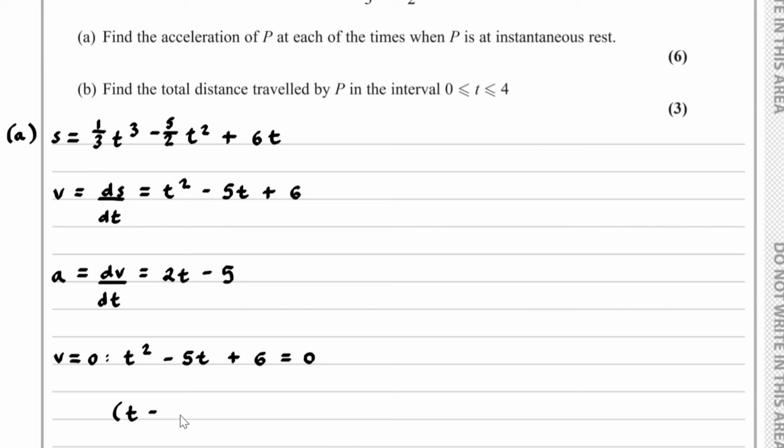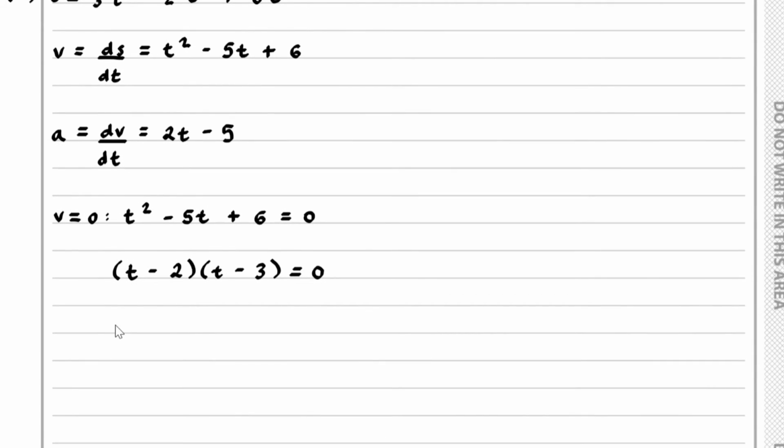So I've got t minus 2 multiplied by t minus 3 equals 0. In other words, it's instantaneously at rest at time t equals 2 seconds and 3 seconds.